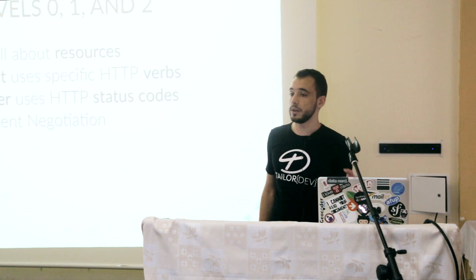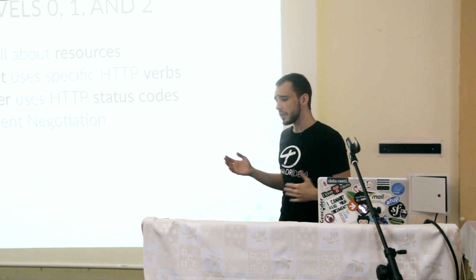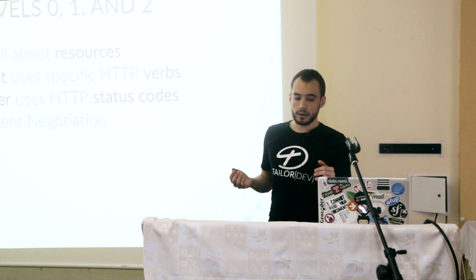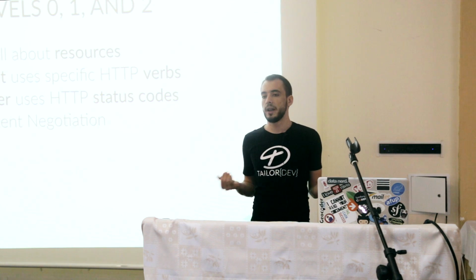And there is also this thing, content negotiation, which is basically a way of saying that both the client and the server must agree to speak the same language. Okay?